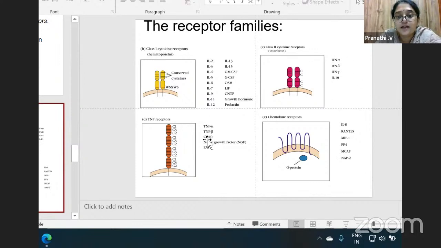then IL-10, IL-22, and tissue factors. When it comes to the chemokine receptors, they are G protein coupled receptors with 7 transmembrane structures, and they couple the G protein, and this triggers the signal transduction pathway. Then you have the tumor necrosis factors, that is the TNF family. In this TNF family, they have a cysteine-rich domain.